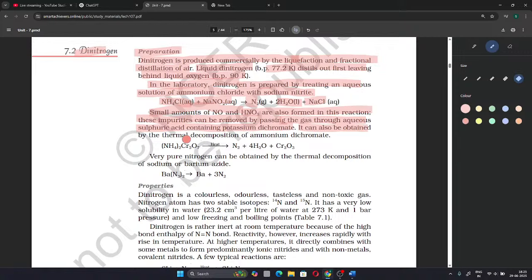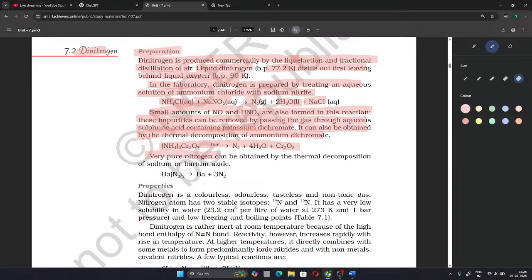It can also be obtained by the thermal decomposition of ammonium dichromate. If we heat ammonium dichromate, we will get dinitrogen, water and Cr2O3.